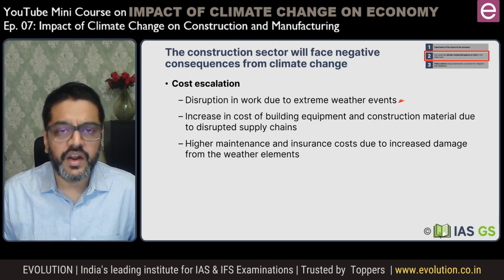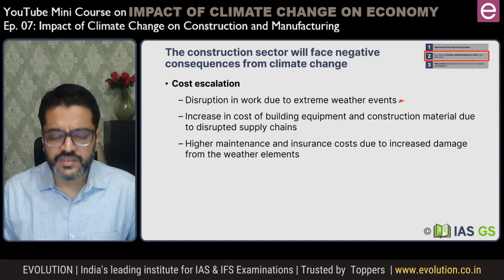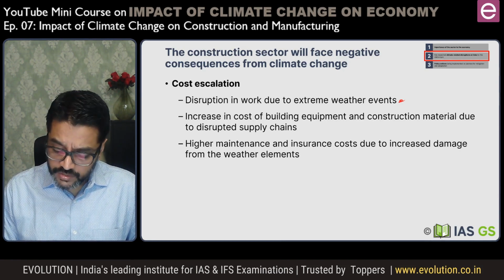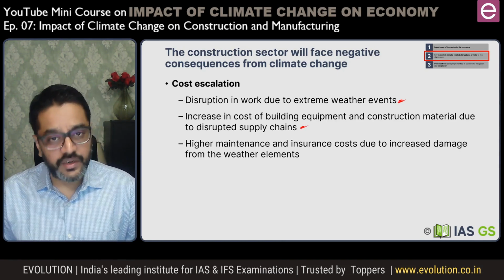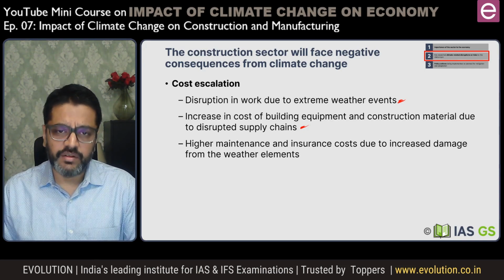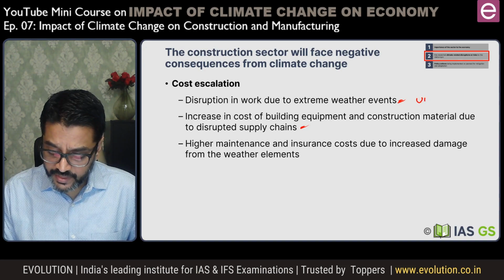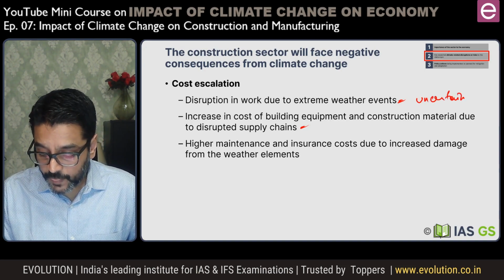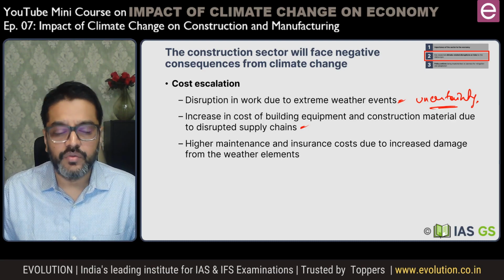Somewhere some train can't come on time, so your supply of cement is disrupted, your supply of steel is disrupted, and so on, right? So overall the work will be disrupted and your cost will increase, right, because of delays, and also increase in the supplies of raw material, and overall increase in uncertainty, right? You will not be able to plan projects as well as possibly you are able to do now, right?